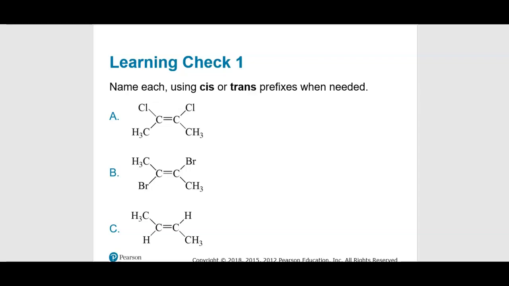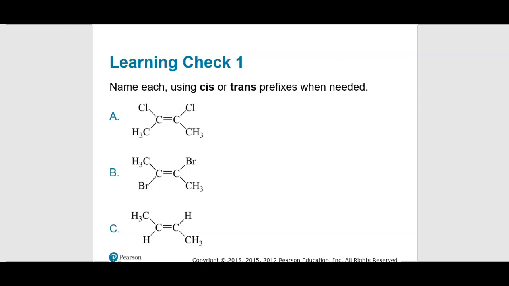Okay. This one, you have A, B, and C. A is, as you see, a 4-carbon alkene. What would be the name of that? Think about it. B is a 4-carbon alkene. What would be the name of that? And C is a 4-carbon alkene that doesn't have any substituents.